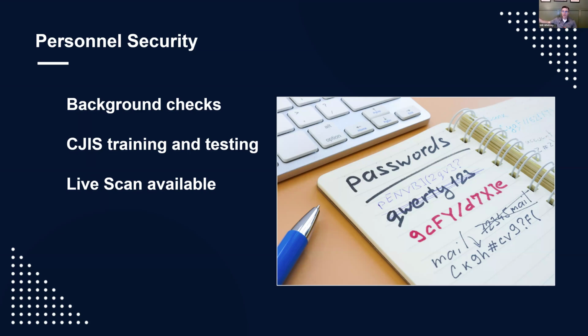Then Dogpatch Sheriff says, great, I have a project for you too. I want live scan. Maybe it's the same 10 employees, maybe it's the exact same project, or at least very similar. They still have to get live scan background checks for Dogpatch. So it's a little extra work, but if it's requested by the agency, we're happy to do it. It's just a little nuance that not a lot of people know about.